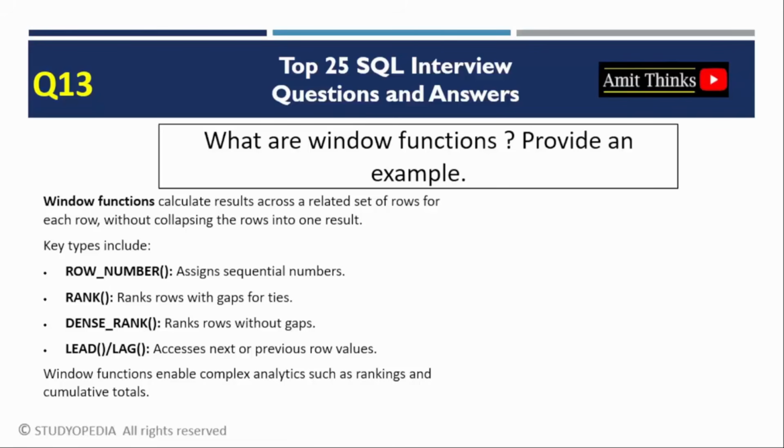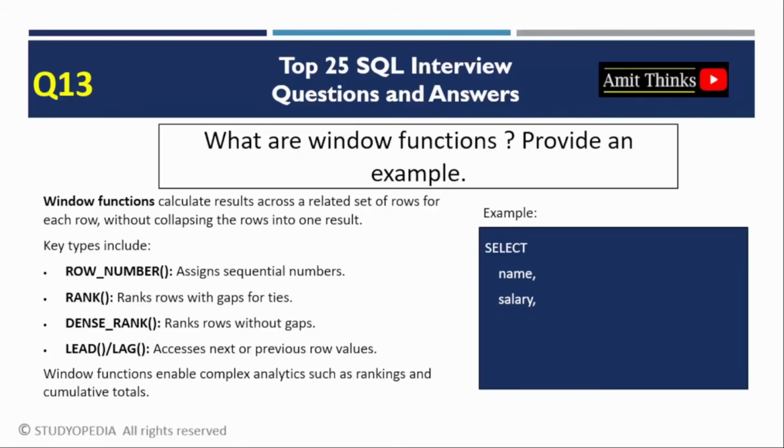Window functions are ideal for analytical tasks like running totals or rankings. Here is an example. Here we are using rank to assign ranks with gaps for ties.